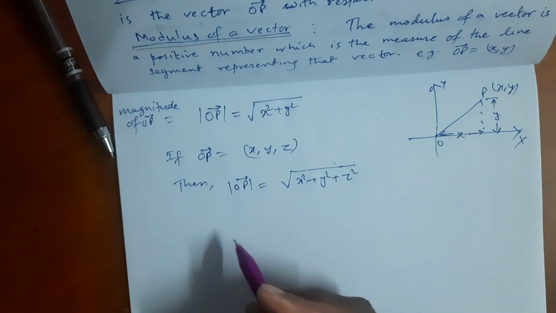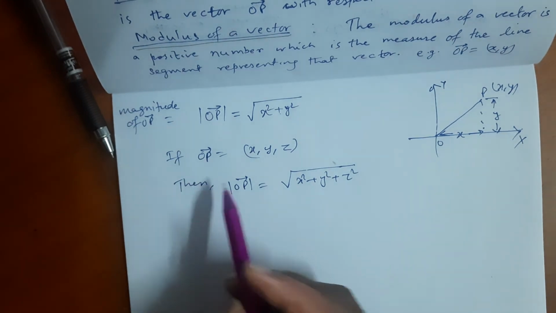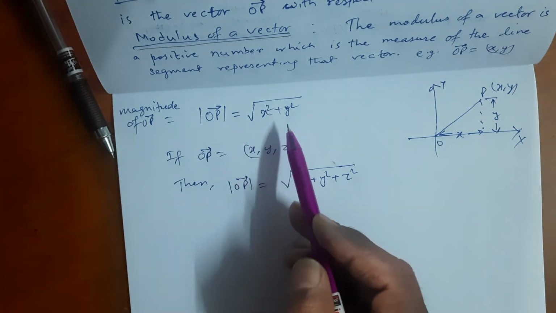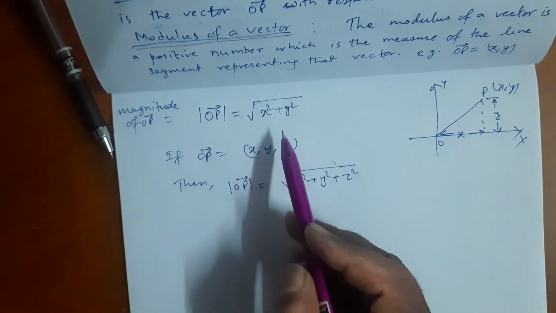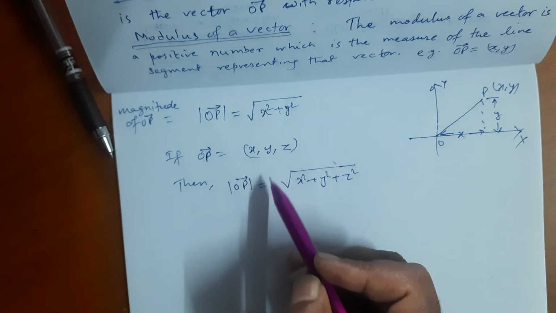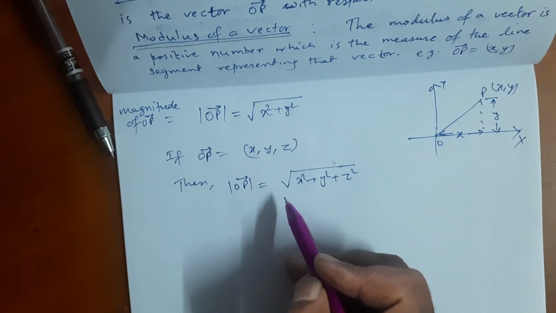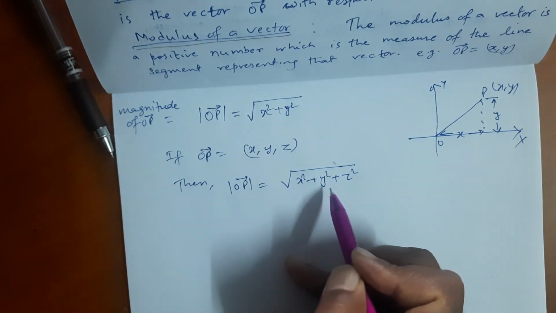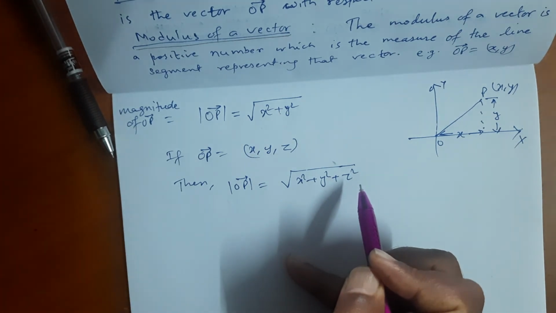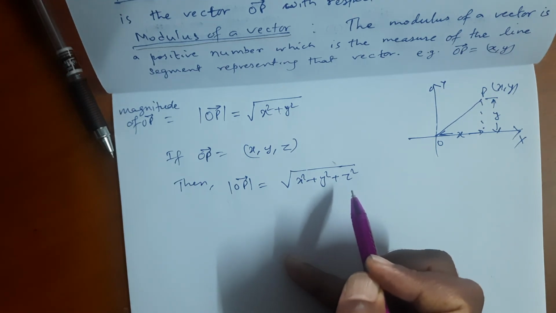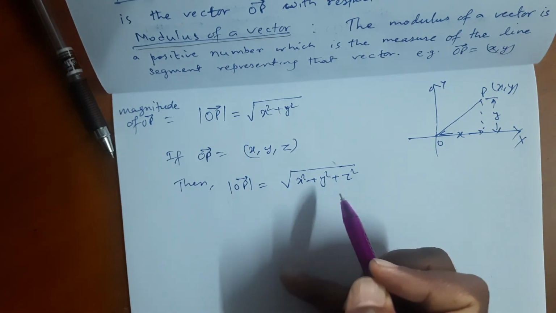Hence, the magnitude of a vector is the square root of x component square plus y component square if it is a plane vector, or for a space vector, x component square plus y component square plus z component square.